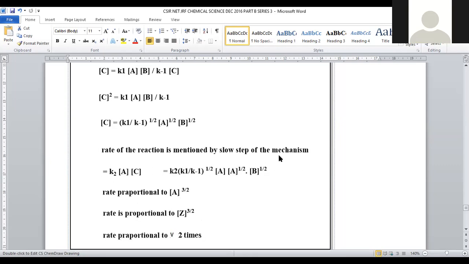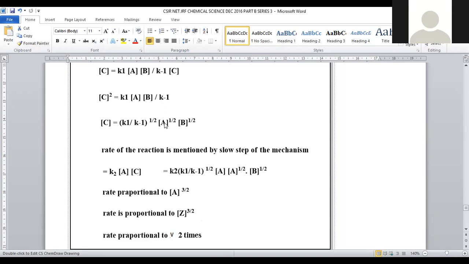Then the rate of the reaction is determined by the slow step only. What is the slow step? It is K2 into A into C. Here C is known to us, so let us substitute the concentration of C in this. It becomes K2 into K1 by K inverse whole to the power half, A into A to the power half, B to the power half.